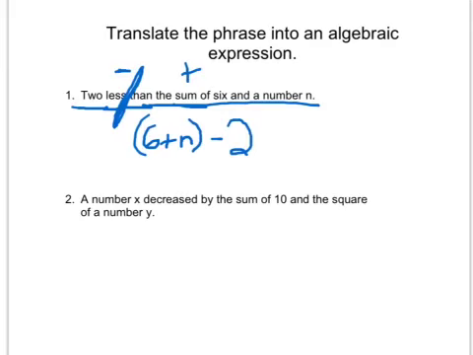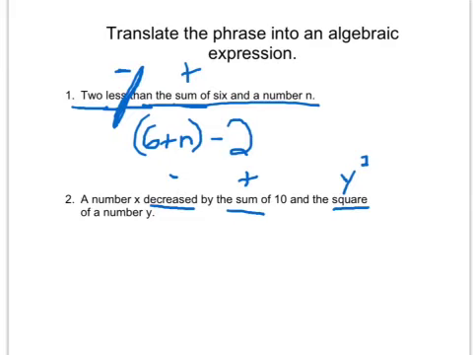Okay, let's look at number 2. I've got a number x decreased by, that means subtract, the sum, add, of 10 and the square of a number y. What does square of a number y mean? It means y squared. That's all it means. Number times itself. Now this doesn't say less than here, it says decreased by, so I don't need to flip things around.